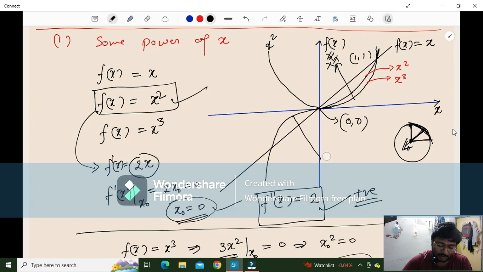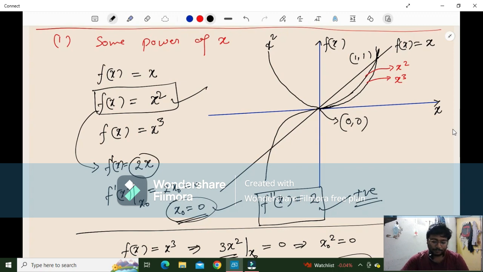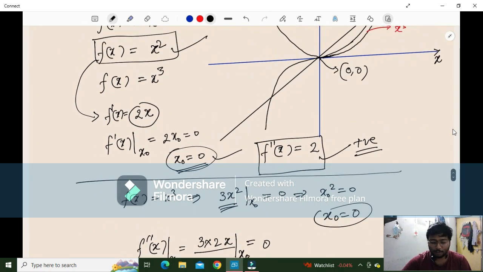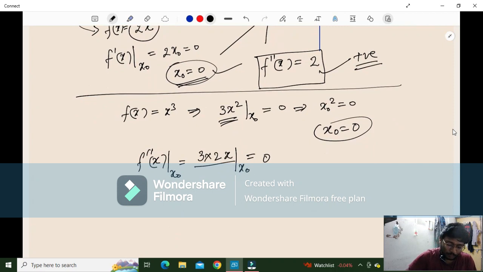That's why this is the point of inflection, this origin. It has a flat point at x equals 0, but it is not a maximum or minimum. Fine. Okay, good.